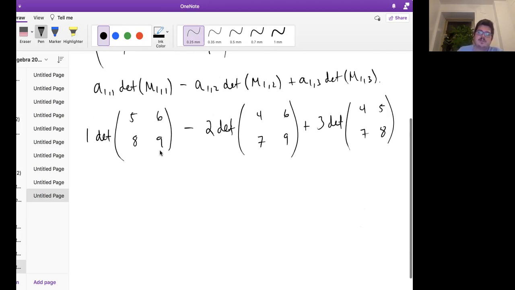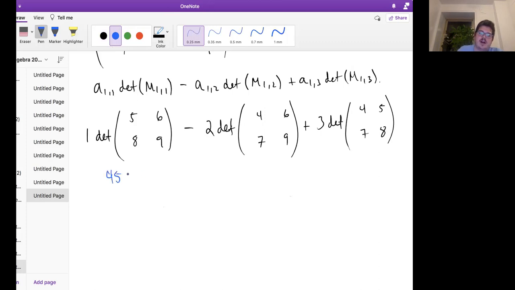All right, let's do it. Okay, what is the determinant of this 2 by 2? I want you to give me the subtraction rather than the answer. Yeah, so 45 minus 48.